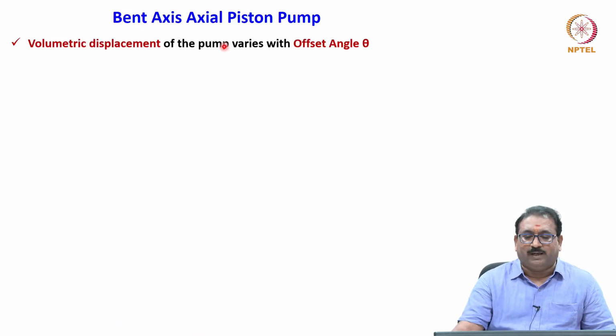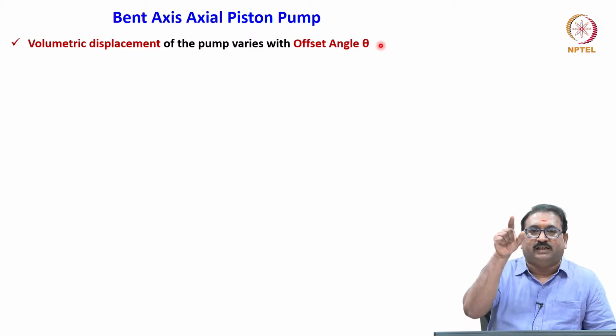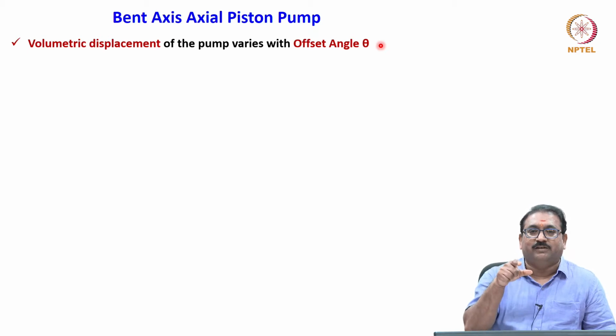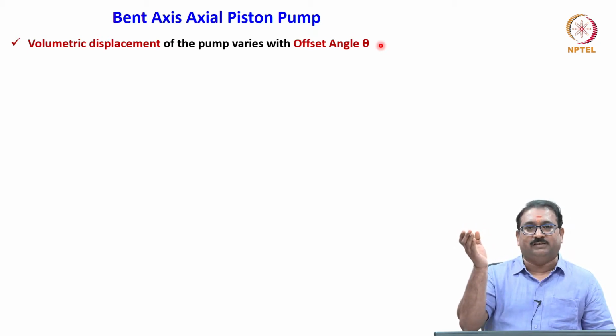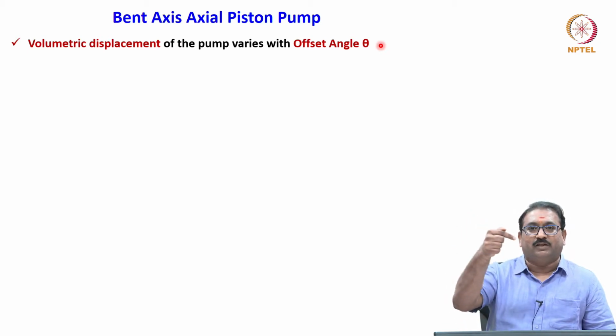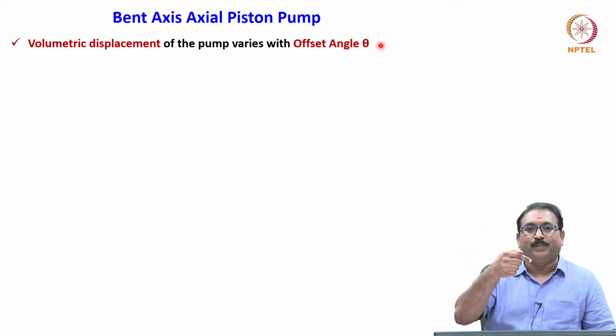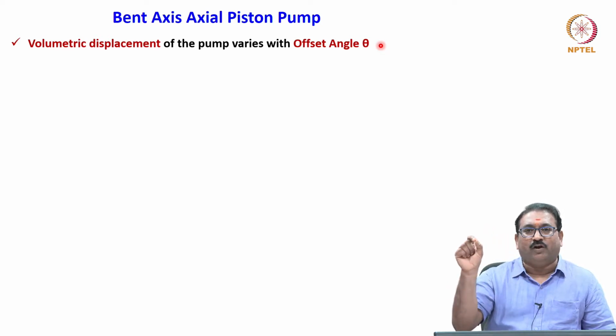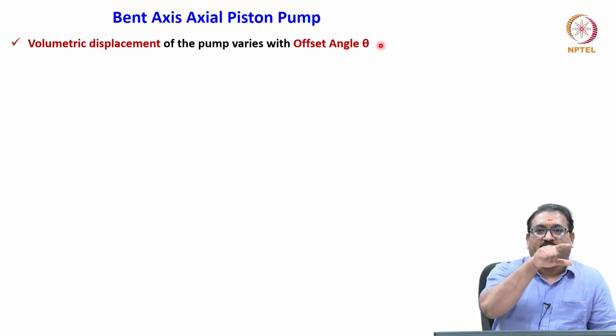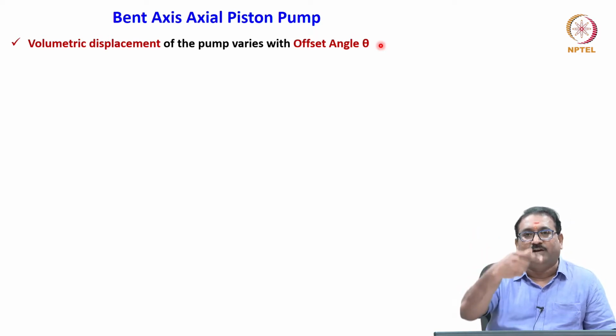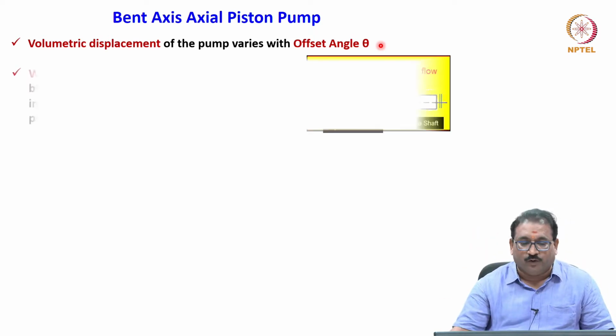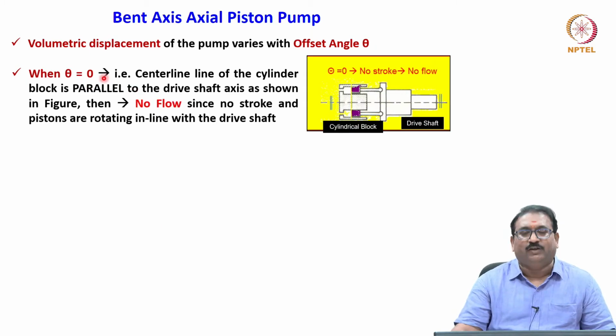The volumetric displacement of the pump varies with the offset angle. If the angle between the drive shaft axis and cylinder axis increases, the volumetric displacement increases because the stroke varies. If the drive shaft axis and cylinder axis coincide, what happens? No stroke, it just rotates. I will show you now. When theta is 0, what is the meaning?